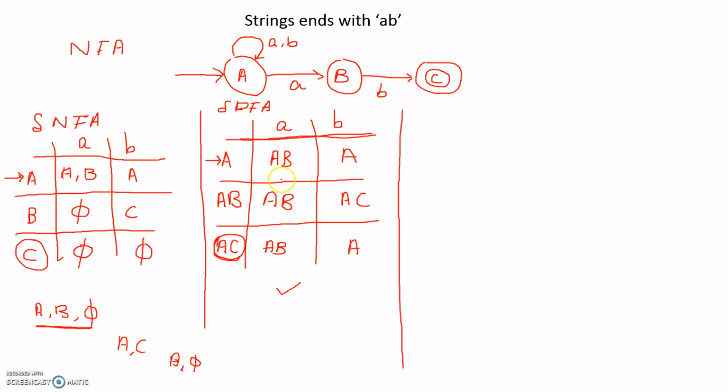Now you can convert these states into the corresponding state transition diagram. We will start from state A, that's our initial state. On seeing a small letter A, it will go to a new state called AB. On seeing a B, it will remain in the same state.